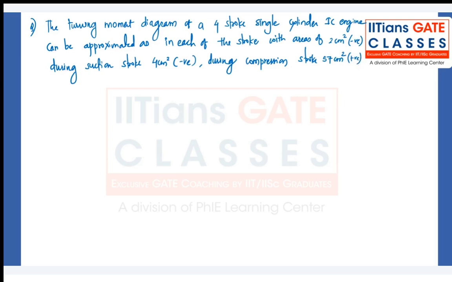During power stroke, 3 centimeters square, negative during exhaust stroke.